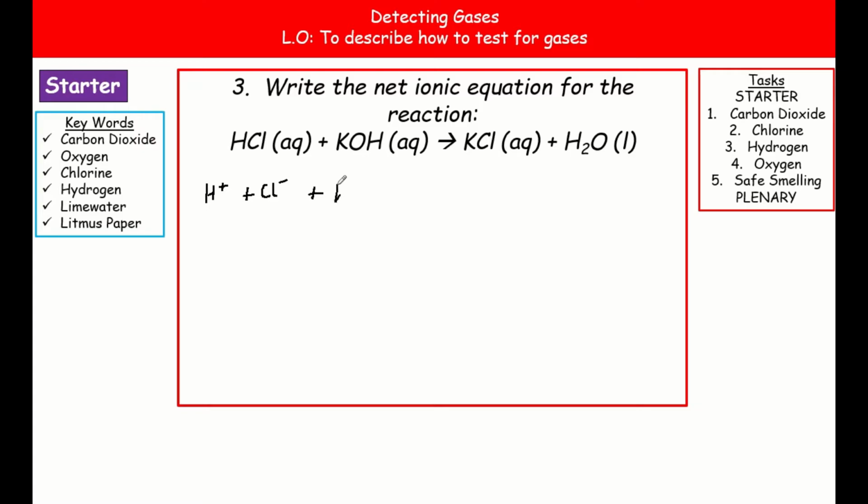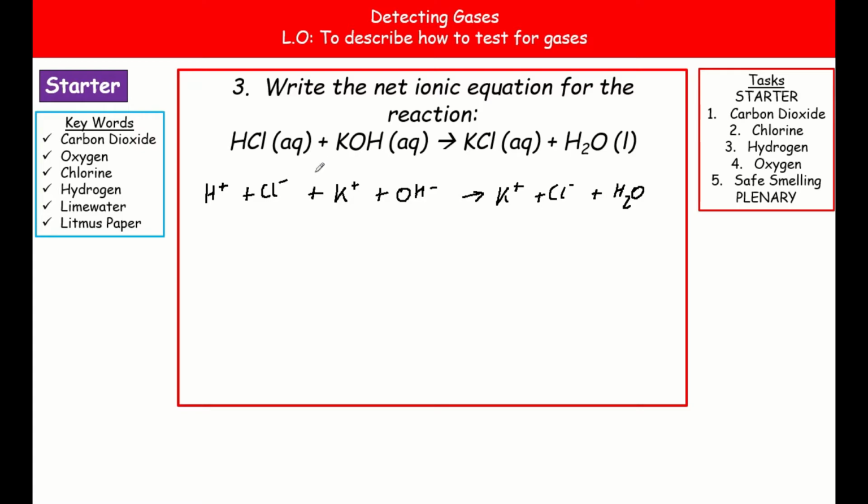Then we've got K+ and OH-, because remember hydroxide is a compound ion. And then across the other side we have K+ and Cl-, and then here we've got water, so that stays as water. So that's our complete ionic equation.